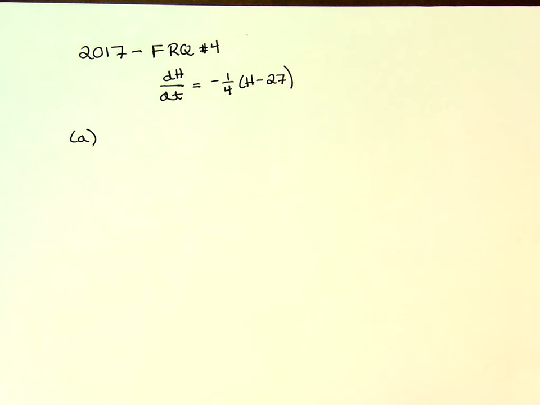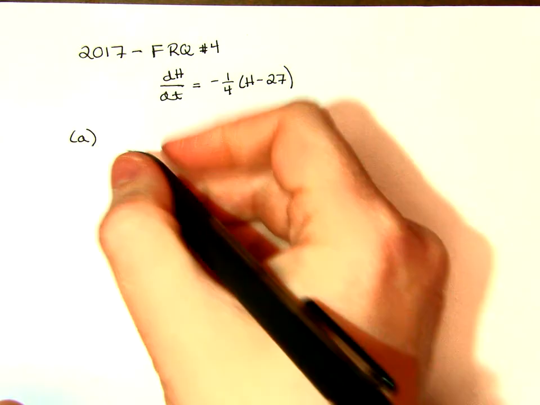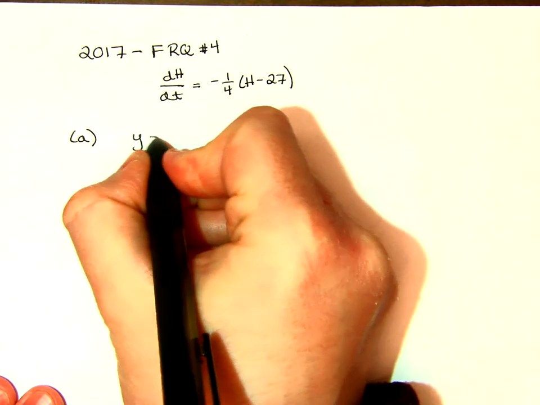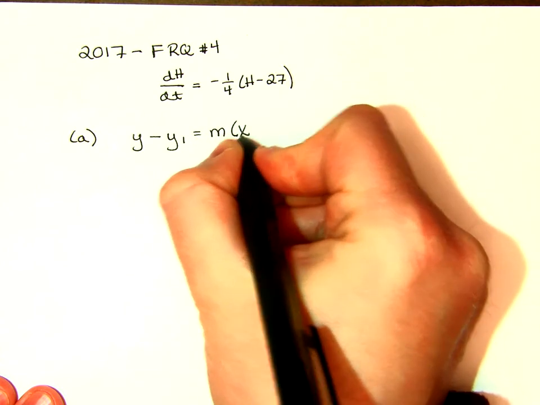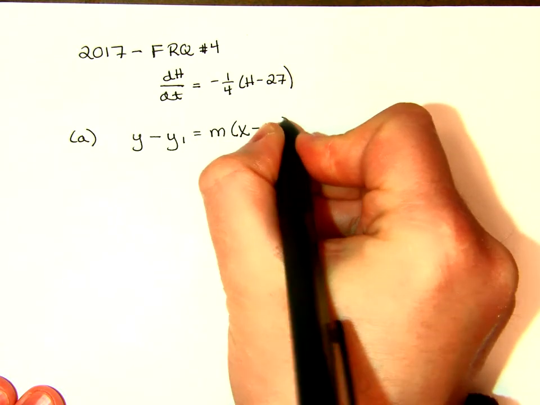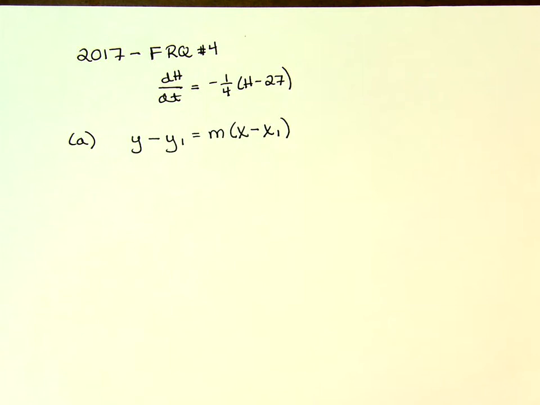In letter A, we're asked to write an equation for a line tangent to h of t at t equals 0, and then use it to do an approximation. Whenever I see tangent line, I always start from y minus y1 equals m times x minus x1. However, there isn't an x and y in this problem. Instead, there's h's and t's.